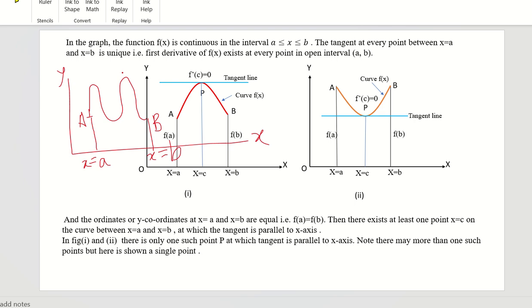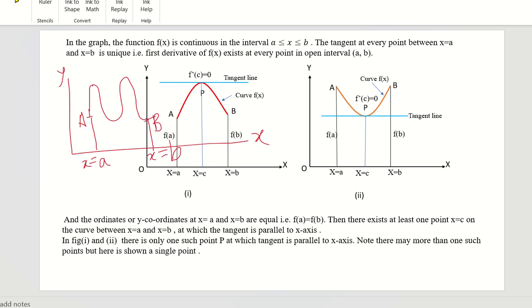If this function satisfies all three conditions of Rolle's theorem, here at x equals a and x equals b the y values are the same, and it is continuous and differentiable, then how many points do you see in this graph at which we can draw a horizontal tangent?